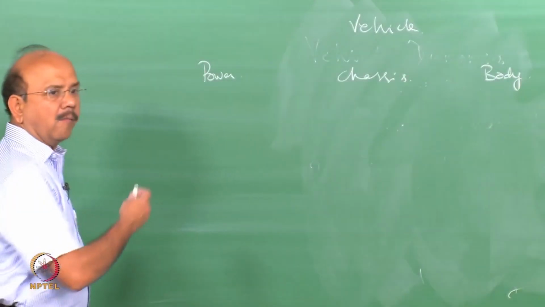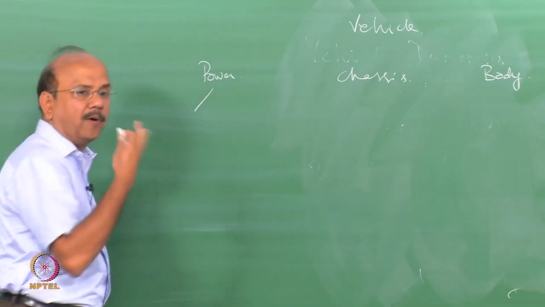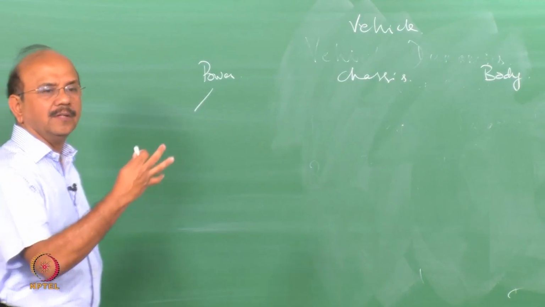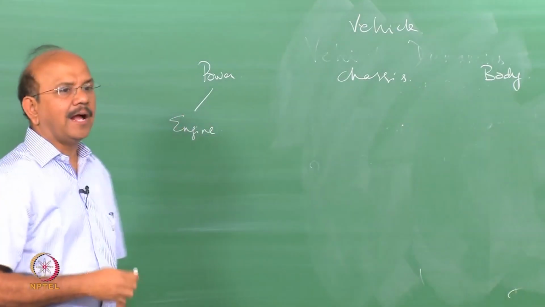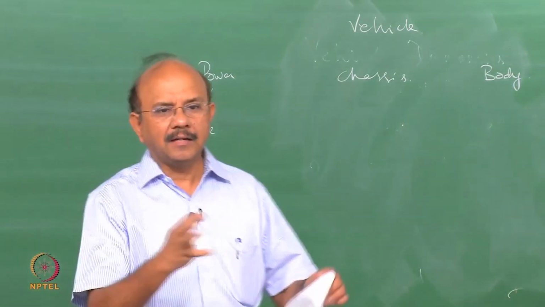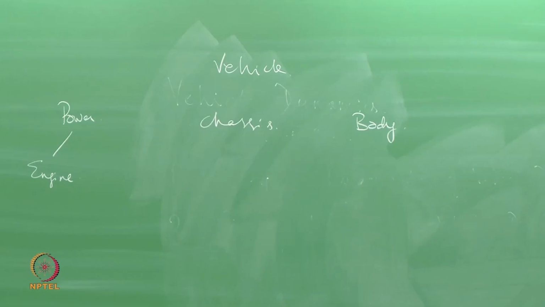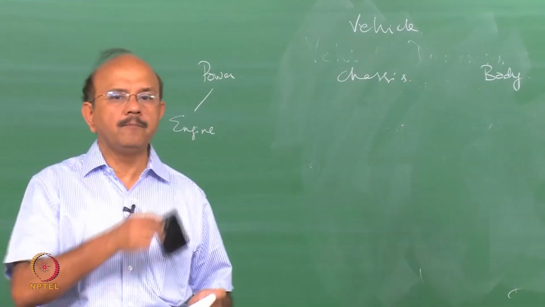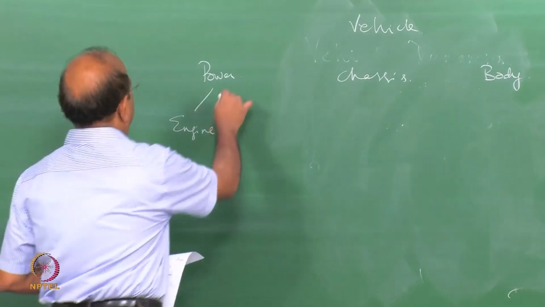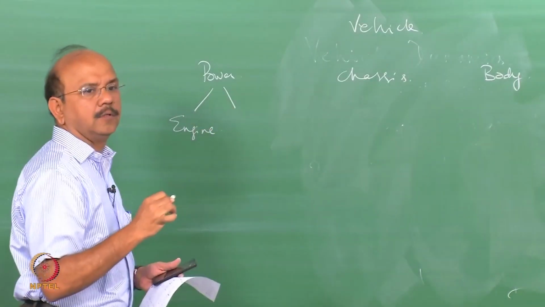For example, if you look at the powertrain, which gives the power to the vehicle, you can include the engine, which is of course the most important thing for power, as well as other subsidiary equipment or components which actually take the power to the wheel.